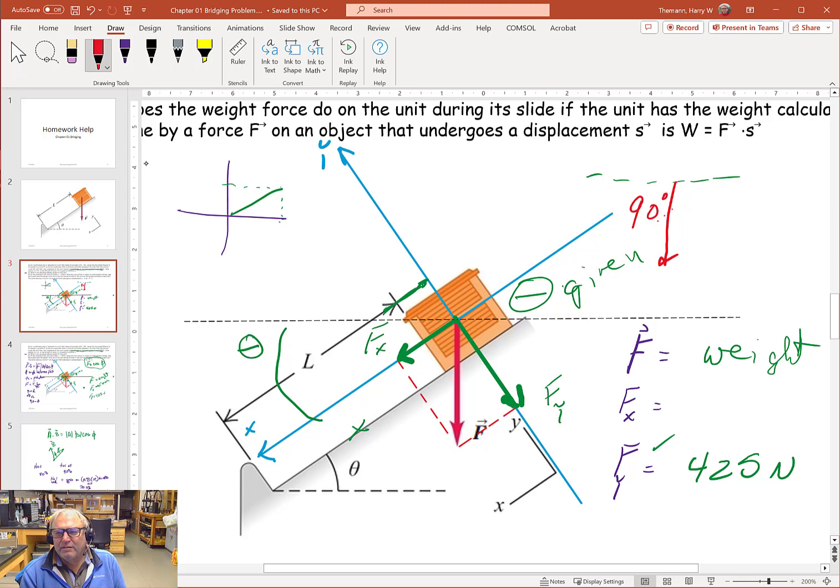So that means that that angle also has theta in it. So that just means at the end of the day that the angle between F of X and F is 90 minus theta. And because F of X and F of Y by definition are 90 degrees apart, this is theta.